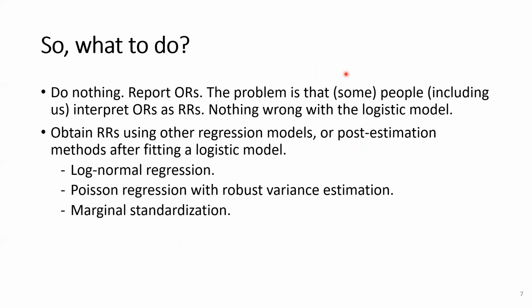So what to do? Option 1 is we don't do anything. We report odds ratio, clearly stating that we are reporting odds ratio. Because the problem is some people, including us, interpret odds ratio as if it were relative risk. So nothing is wrong with the logistic model, but the problem is us.